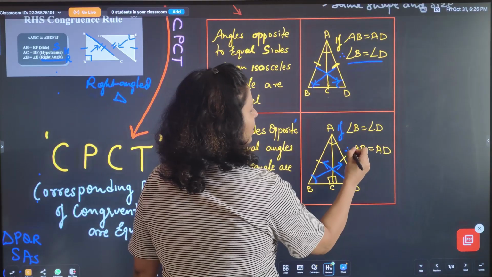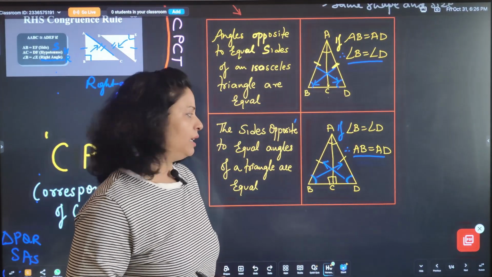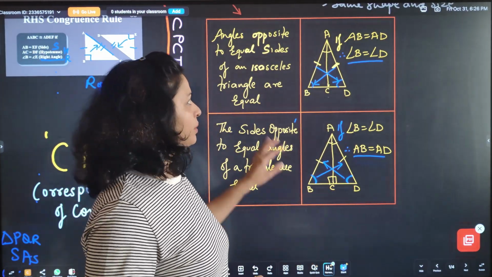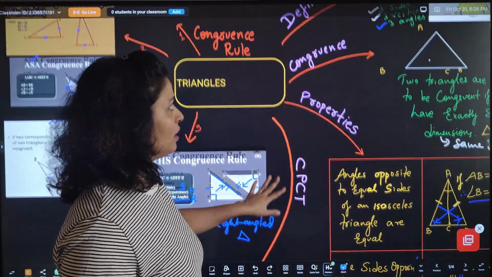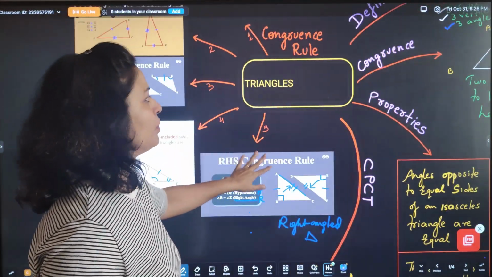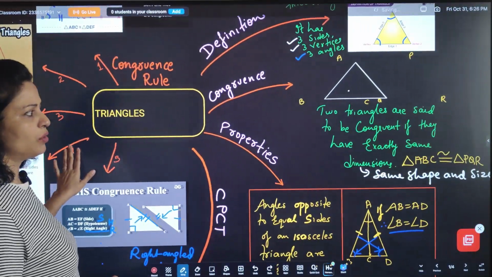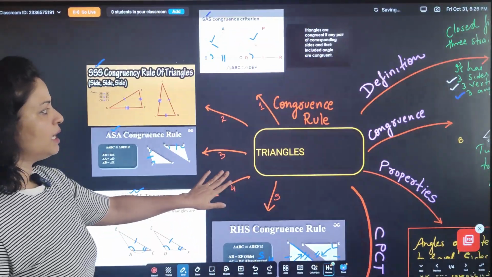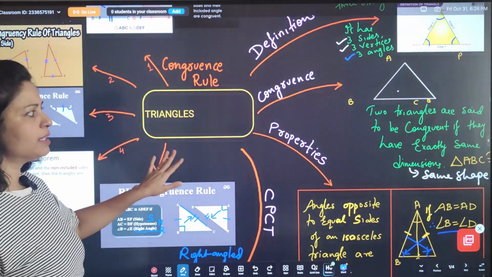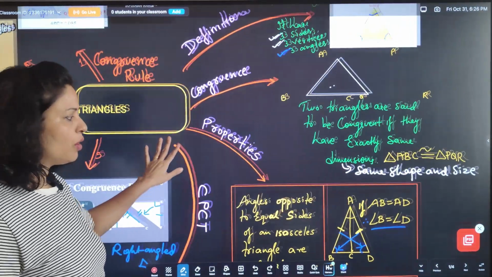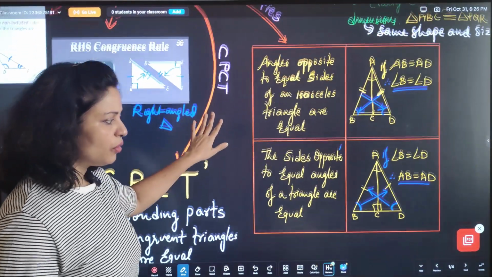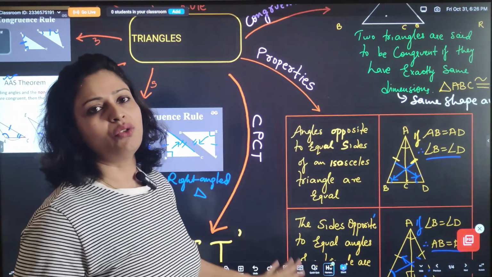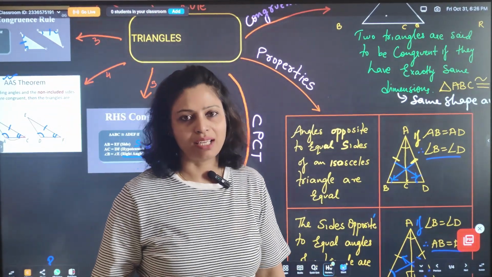So we can say AB is equal to AD. These were the properties, definitions and congruency rules of triangles. Along with the rules and definitions, how you can say two triangles are congruent, you have to learn. If you understand this, you will be able to answer the questions on triangles.